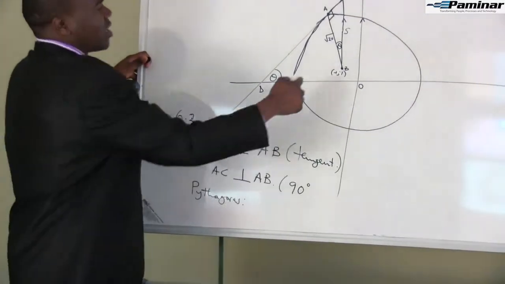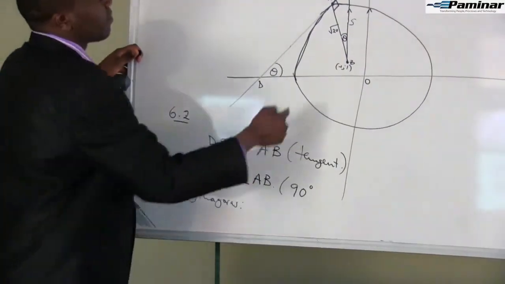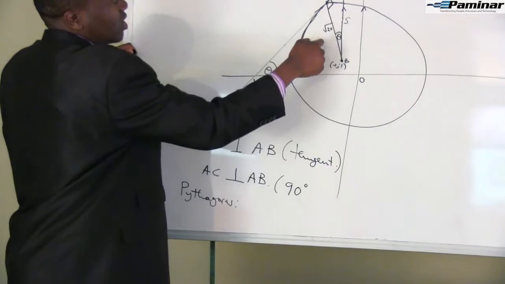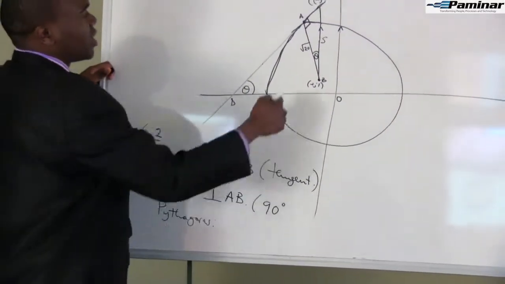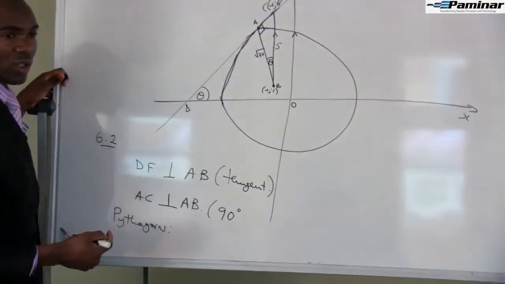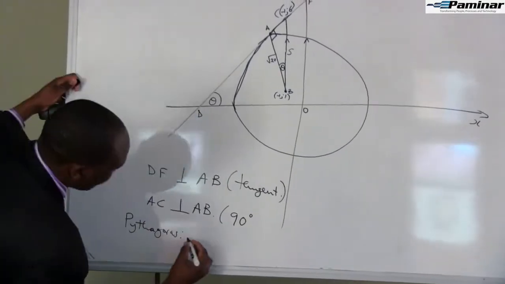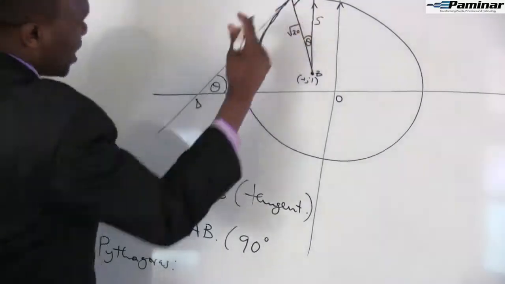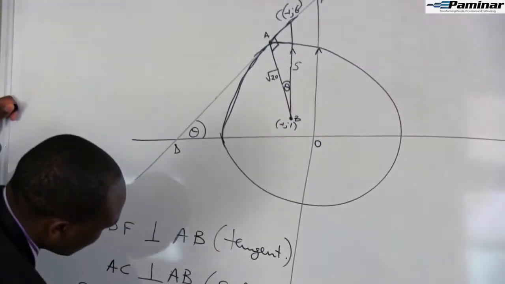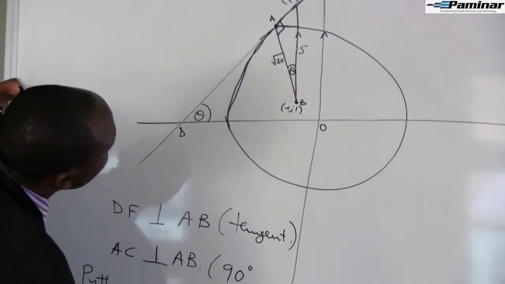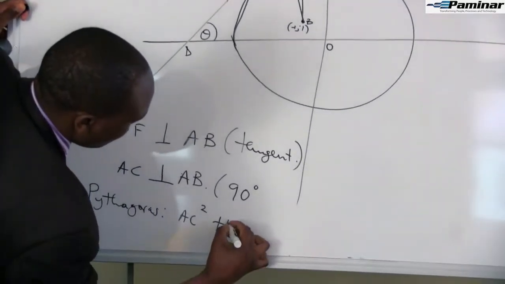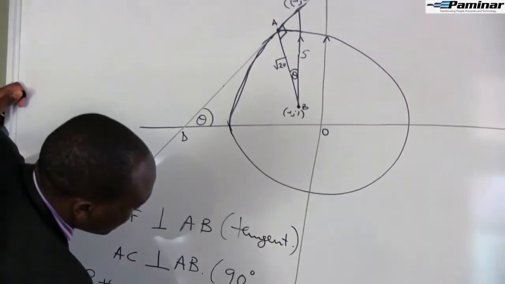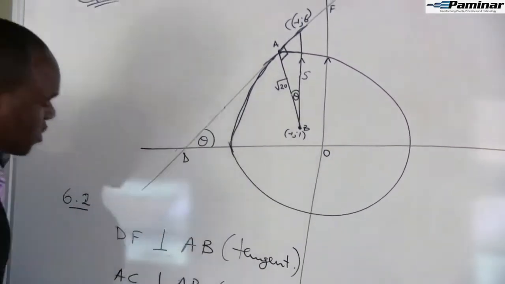Now the hypotenuse is given, and the adjacent is given, so these two sides. According to Pythagoras theorem, the square of this side is equal to the square of that one, isn't it? So now we say AC squared plus AB squared is equal to CB squared.